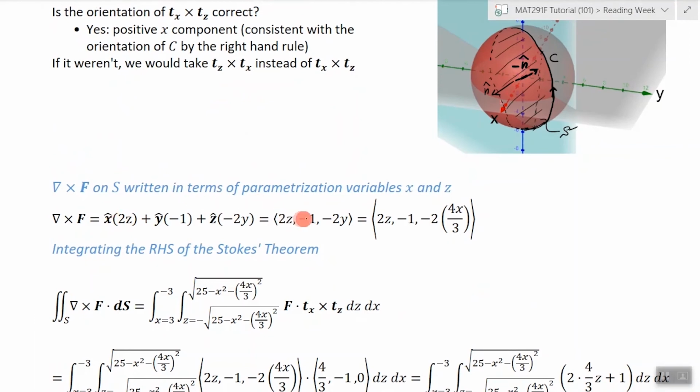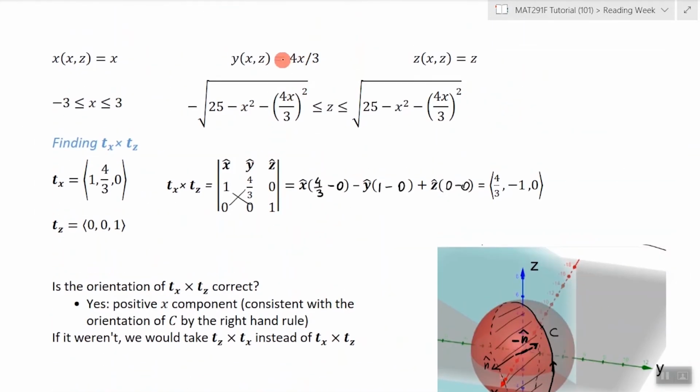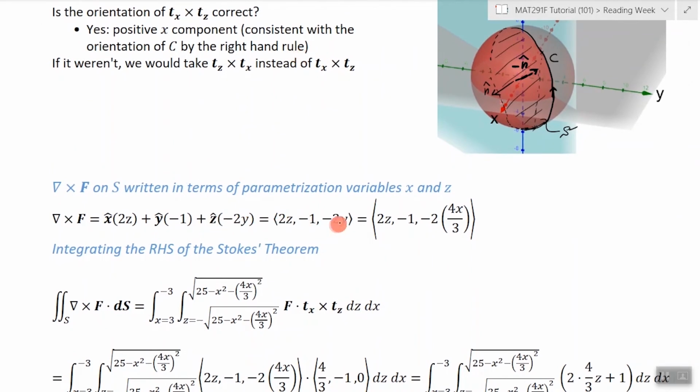And then I wrote it in terms of this triangular notation. And then you see there is this y right here. We don't like that. We want it in terms of x and z. So we use our parameterization right here to plug it into y. So y equals 4x over 3, and this is what I wrote here.